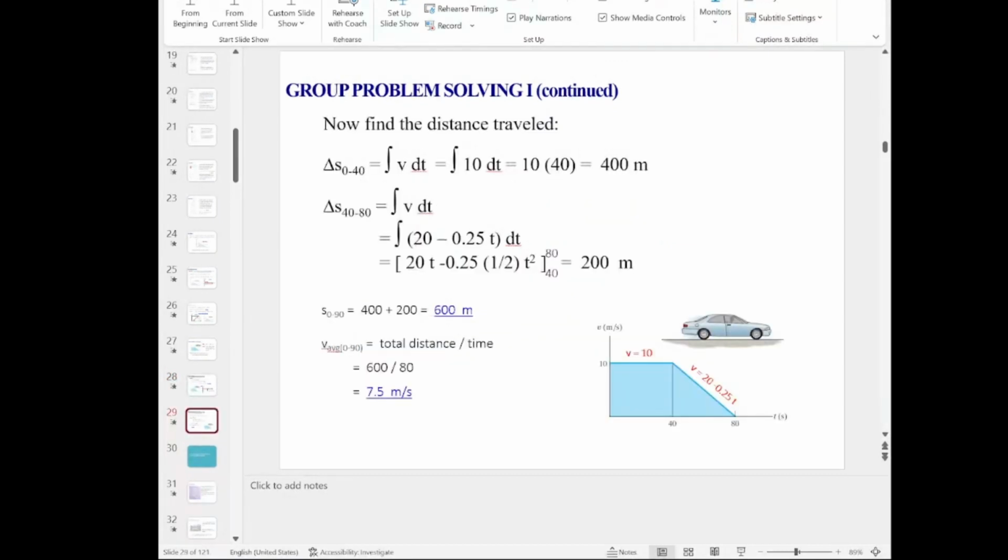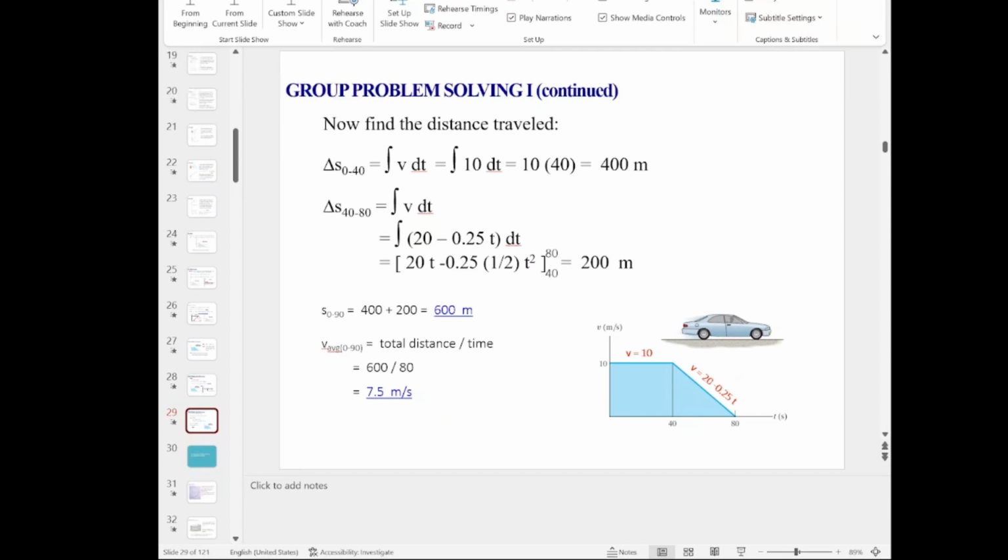Okay, so determining the delta, in this case they define it as delta S, or difference in position. Regardless of wherever you started, it's going to be the area under this curve, up to this point. So it's 400 meters: 10 meters per second, 40 seconds, 400 meters.